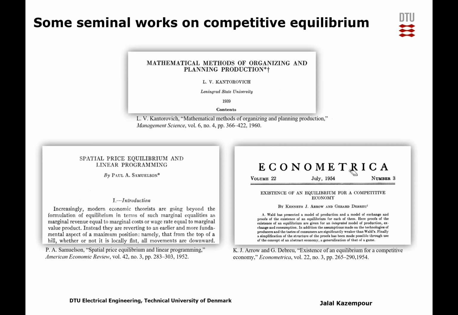I added here 3 very seminal papers that I really like. One is from Leonid Kantorovich from 1939, but the paper was published in 1960. Then another paper from Paul Samuelson, and another paper from Kenneth Arrow and Gerard Debreu. All of them talked about competitive equilibrium.